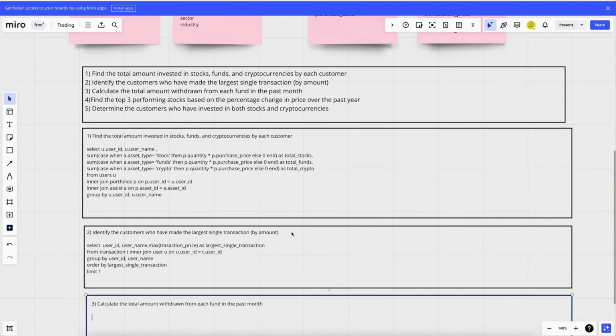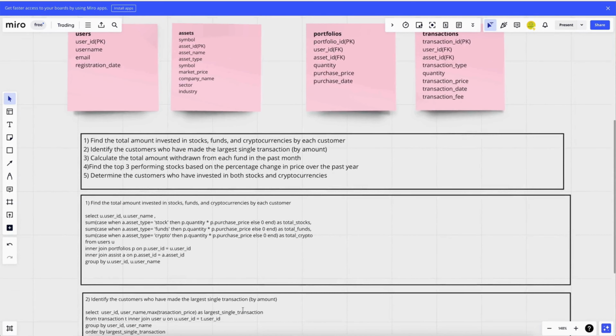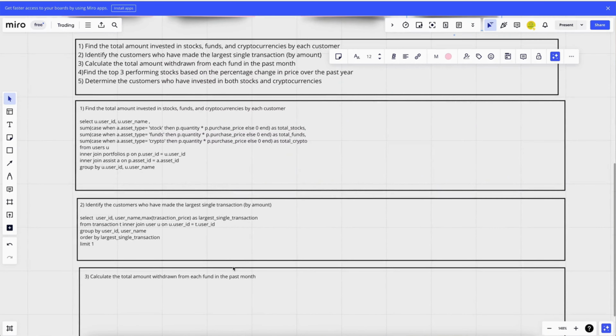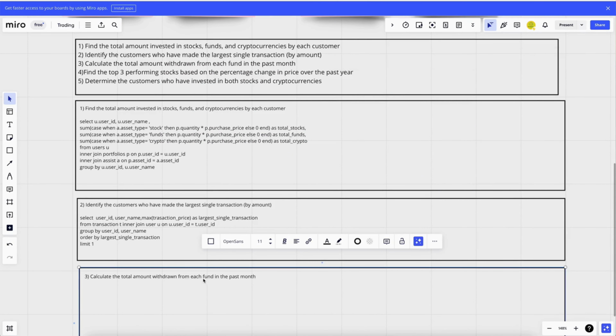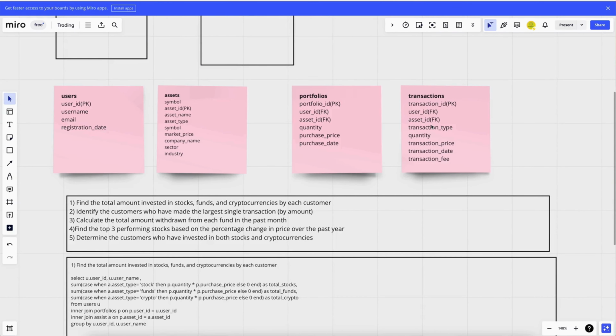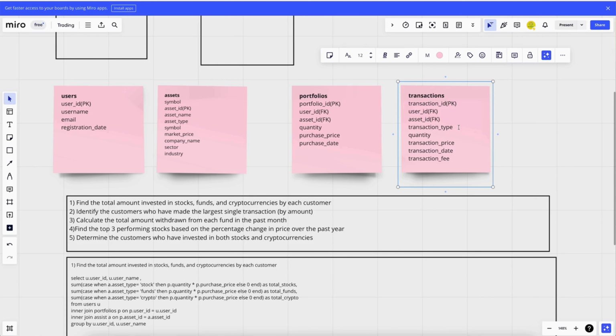Like when they ask total amount withdrawn from each fund in the past month, here we need to understand withdrawn from each fund. With this withdrawn, from which table will we get it? We'll get it from the portfolio table or from the transaction table. The way we created this table, the transaction type can be three things. I'll just put it here.